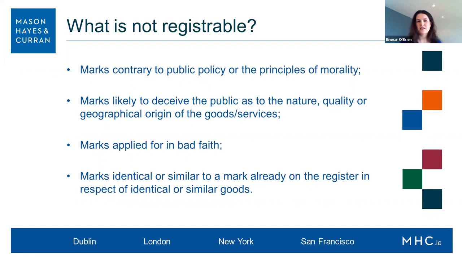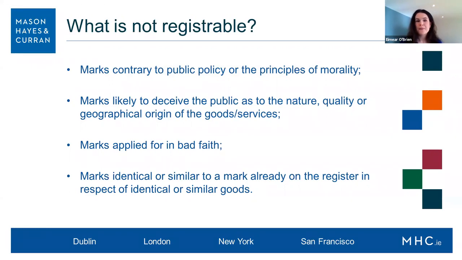So between the last two slides, there's a list here to give you an example of the types of marks that won't be registrable. It may be the case that more than one of these will apply to a particular mark. So if we take a recent example, say a mark that might be the term COVID or contain the term COVID, that's likely to fall foul of a few of these provisions.